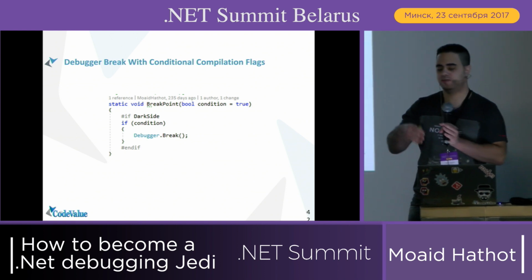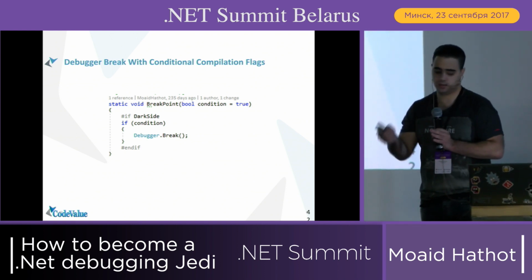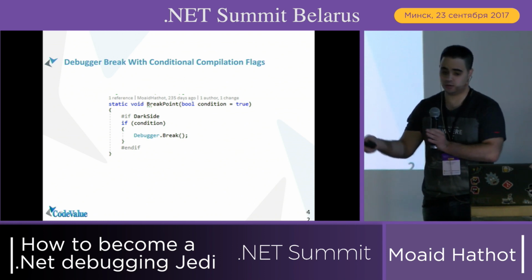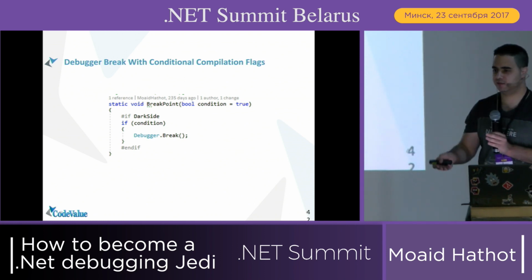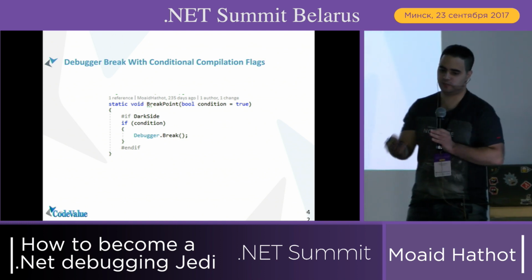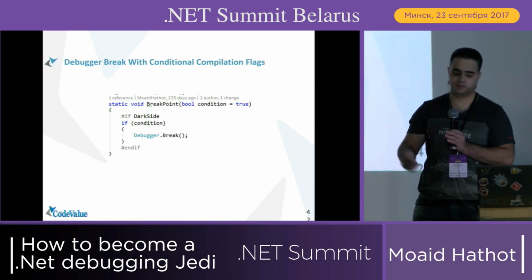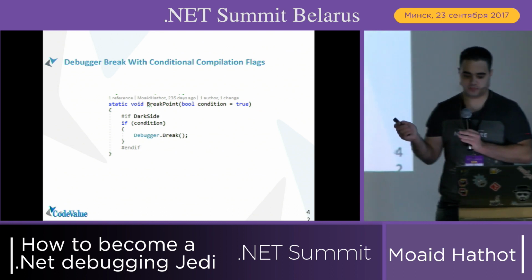If it isn't defined, it will skip the code. It won't compile the code between the #if and the #endif. So if I'm in debug and I don't want to stop at this breakpoint, I can just not define DarkSide, and it won't stop here.